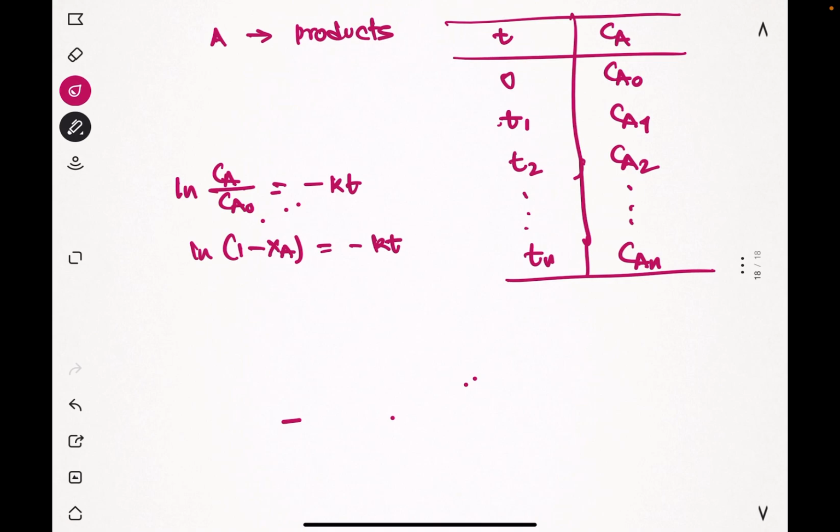So what we do is simply take the experimental data and calculate our quantities. This can be rewritten as ln CA minus ln CA naught equals minus kt.